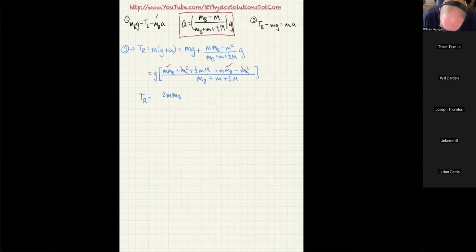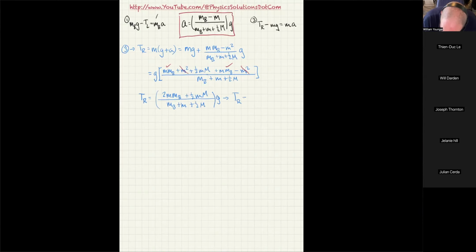2MB plus 1/2 MM divided by MB plus M plus 1/2 big M times G. Now I'm going to make that just a little bit simpler by grouping something with no units next to something with units.